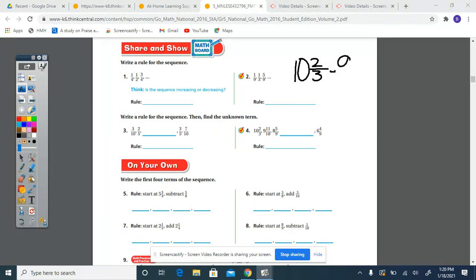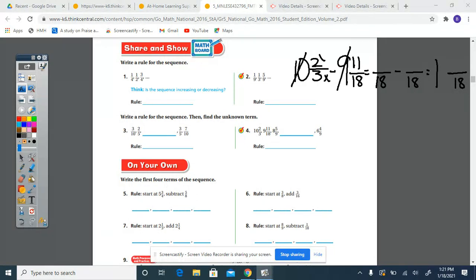So the first step is I need to set up my problem. So I'm writing that minus this equals blank. Okay, take care of your whole numbers. 10 minus 9 is 1. What is your common denominator? In this case, it's 18.